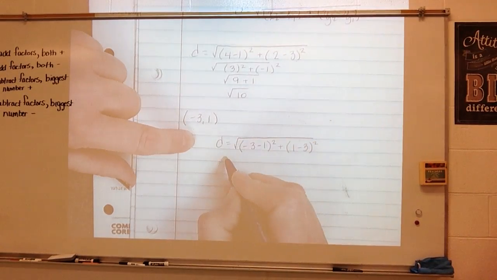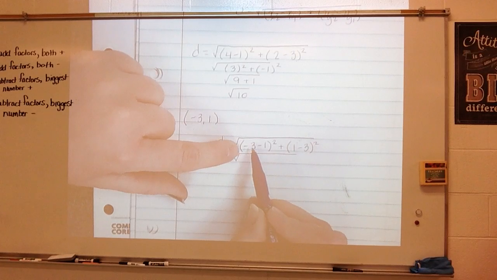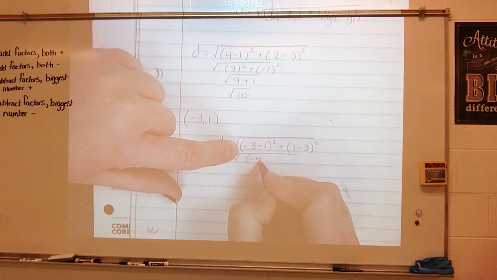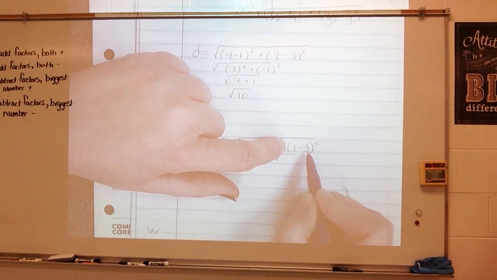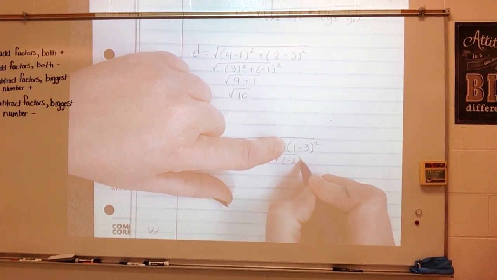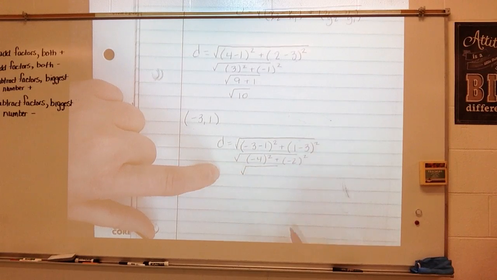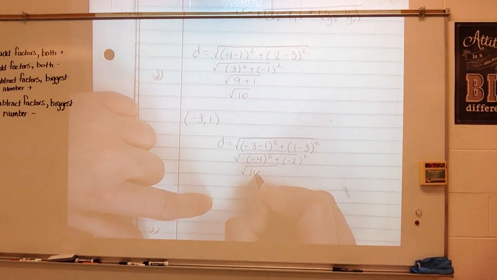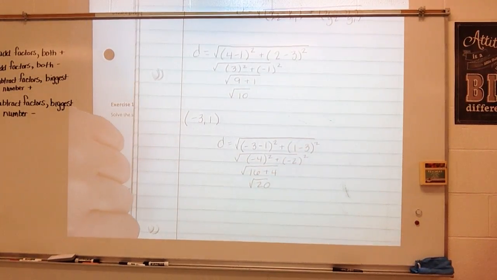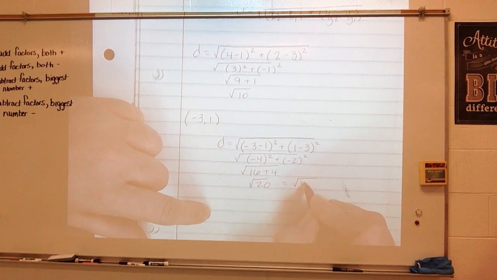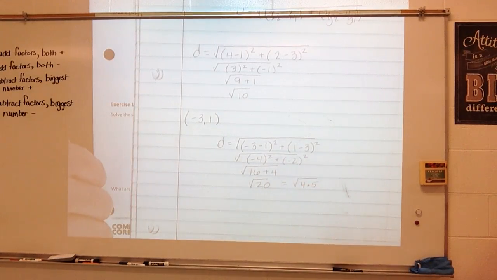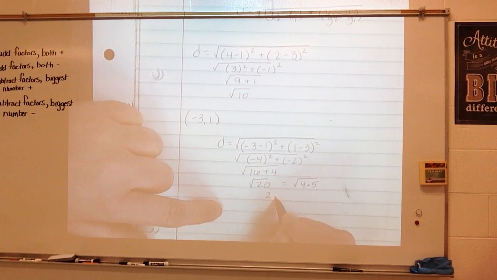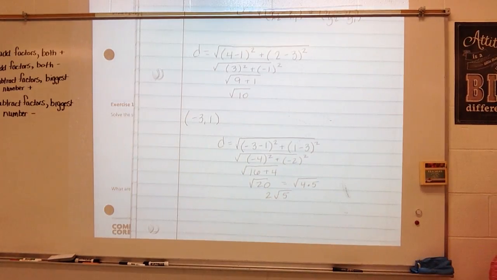So I get the square root of negative 3 minus 1 is negative 4 squared plus 1 minus 3 is negative 2 squared. So I get negative 4 squared is 16 plus negative 2 squared is 4. I get the square root of 20. I can break that up into the square root of 5 times 4. Square root of 4 is 2. I cannot take the square root of 5. So my answer here is 2 square root of 5.